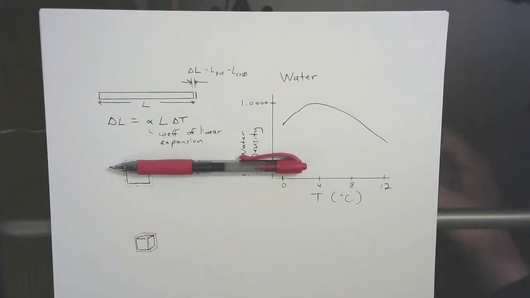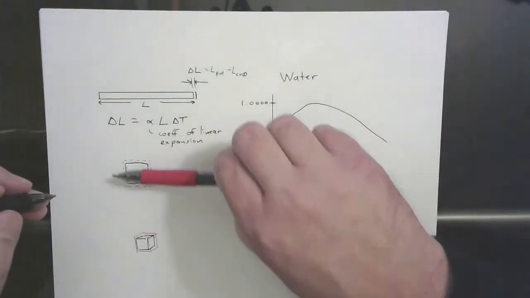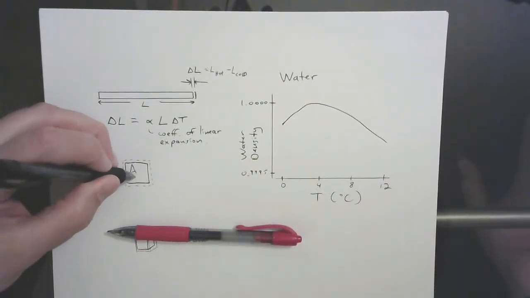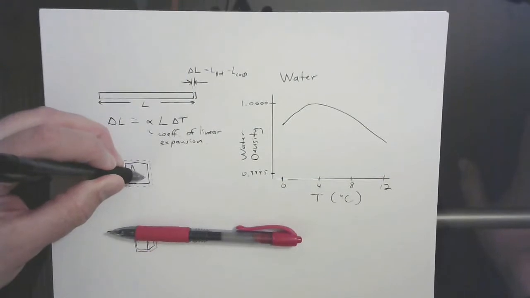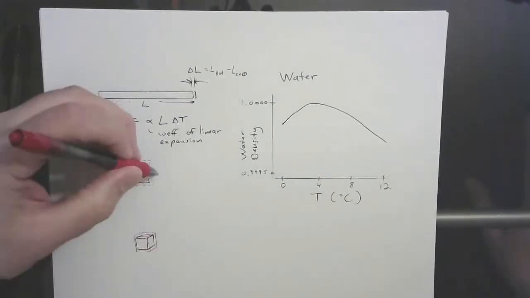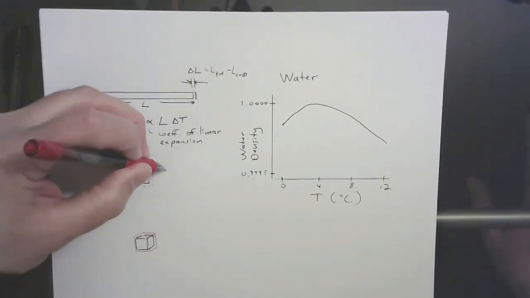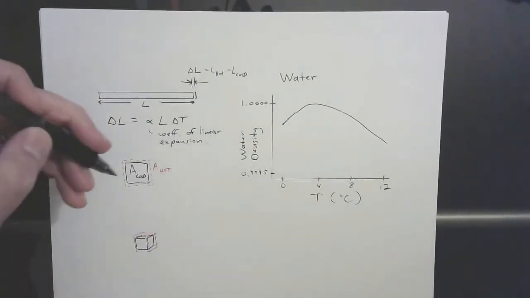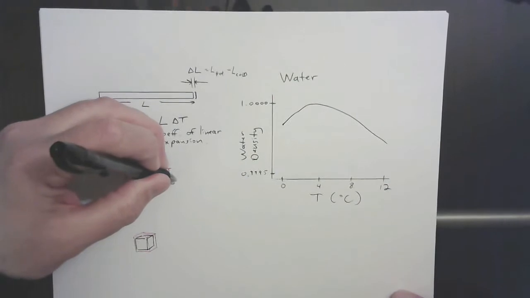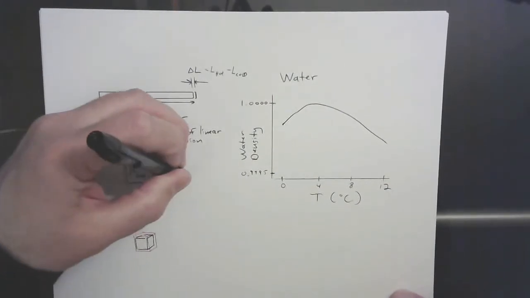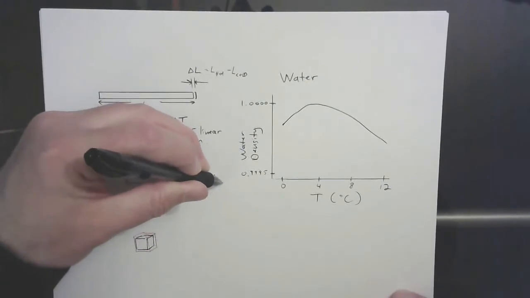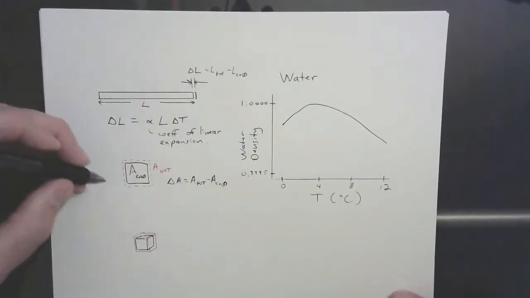All right, well, let's just do the other geometries. You could have a flat sheet. So you have the area cold, and then when you warm it up, you'll get area hot. And so the question is, if you define a delta area as area hot minus area cold, can we have a formula for that?